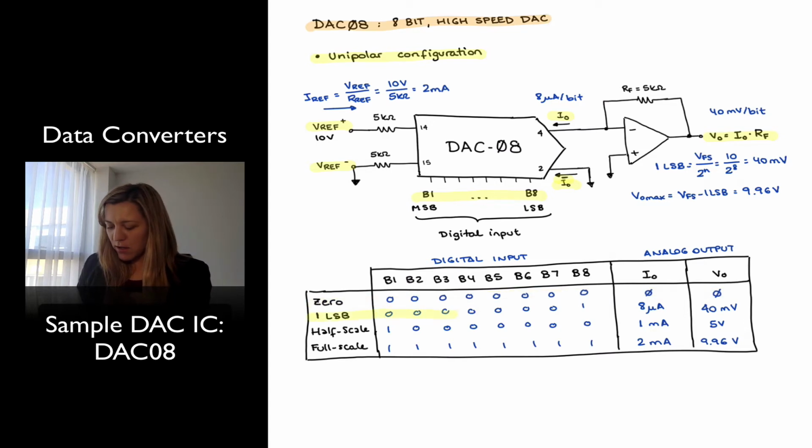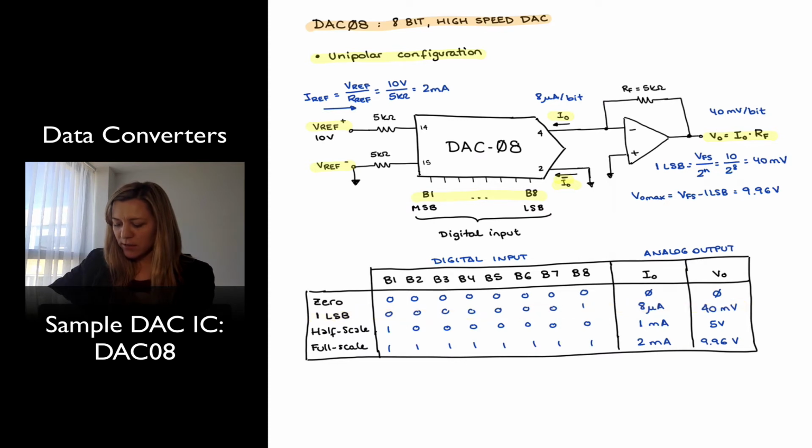For a digital input equal to 1 LSB, meaning just switching the last bit, bit 8, to a 1, I get 1 LSB step both in the current, 8 microamps, and in the voltage, 40 millivolts.